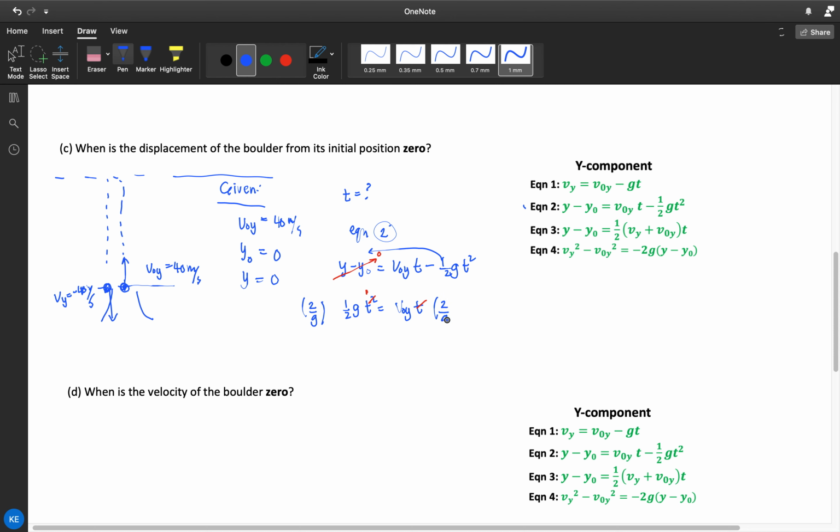So ang tendency, you'll have here t is equal to 2 Voy over g. So you'll have 2 times 40 divided by 9.8 meters per second squared. So you'll have 80 divided by 9.8. That would be, you'll have 8.16 seconds.